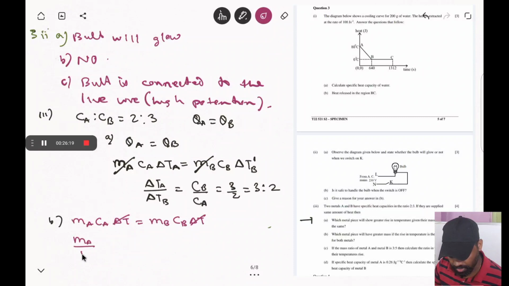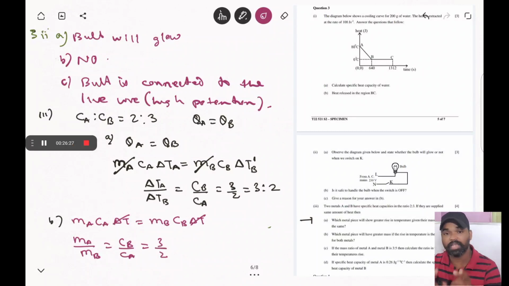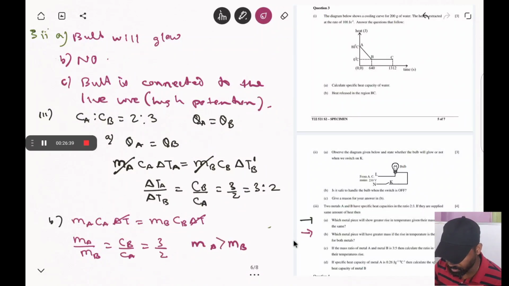So Ma by Mb is Cb by Ca, which is 3/2. So mass of A will be more, because the ratio of Ma by Mb is 3:2, isn't it? So mass of A will be more than mass of B in the second case.